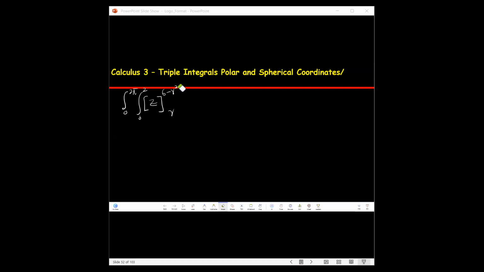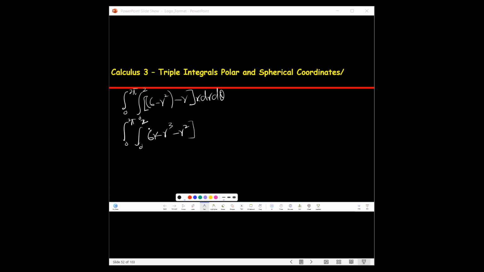I'm going to write just this: 6 minus r square minus r dr d theta. Now I'm going to simplify this a little bit, and it's going to be 0 to 2 pi, 0 to 2, and then here 6 minus r square minus r, multiplied by r, giving 6r minus r cube minus r square. All I did was take this r and multiply everything inside the parentheses.